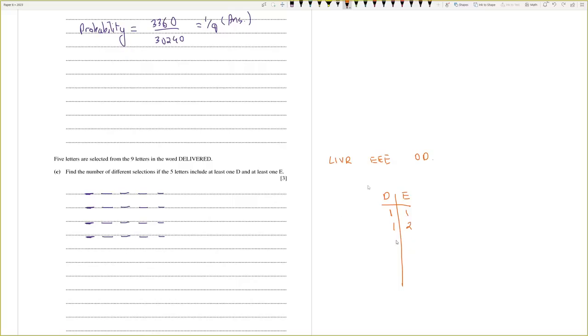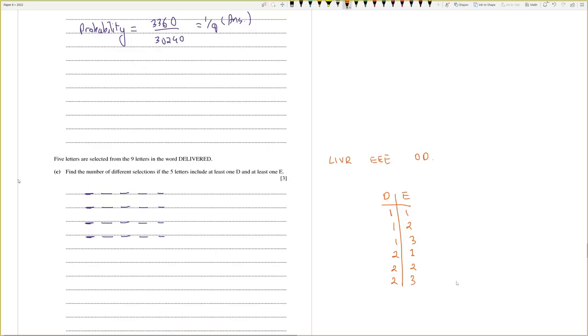There you go. Now, why don't I increase the number of D's? 2D's, 1E, or 2D's, 2E's, or 2D's and 3E's. Maxed out, we can't have any more because the total number can be 5, okay? So it's either 1D, 1E, 1D, 2E, 1D, 3E, or 2D, 1E, 2D, 2E, and the last one is 2D, 3E.